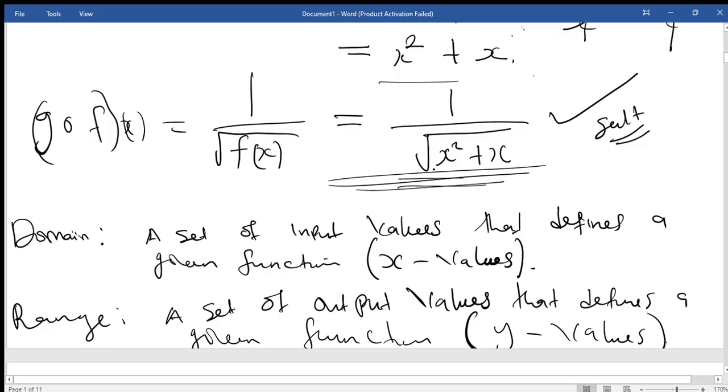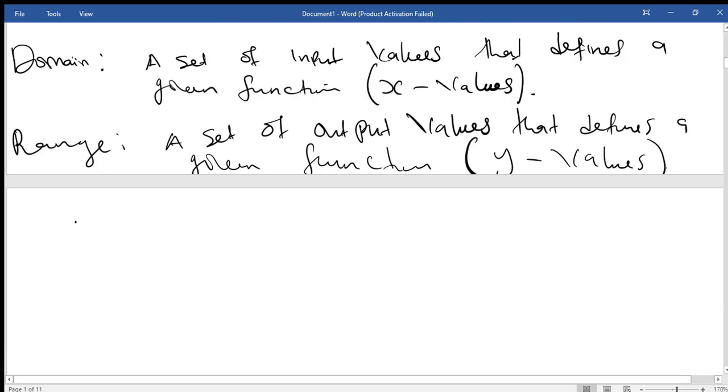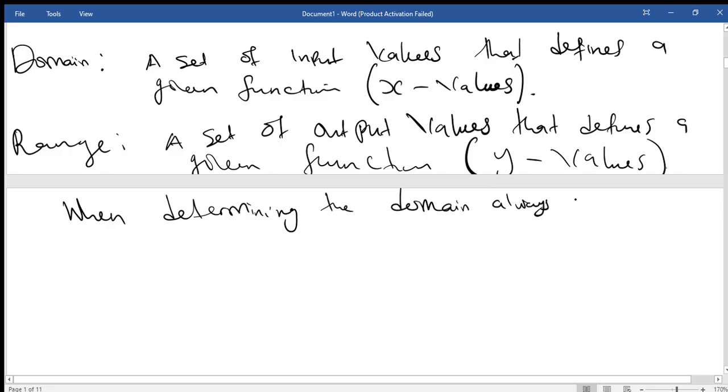So what did we say when coming to find the domain? We said that when determining the domain, always look at the restrictions of the function.